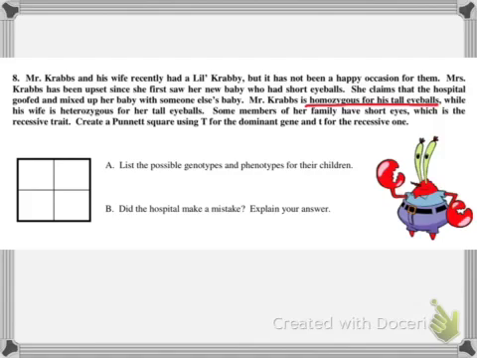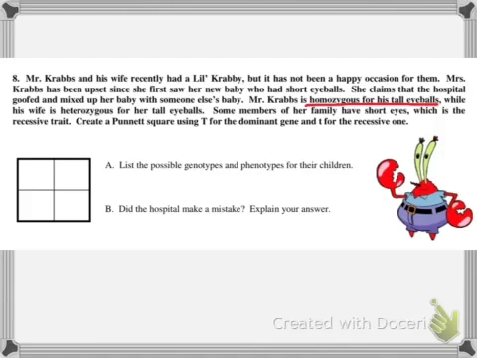Mrs. Krabs has been upset since she first saw her new baby, who had short eyeballs. She claims that the hospital goofed and mixed up their baby with someone else's. Could be because Mr. Krabs is homozygous for his tall eyeballs, while his wife is heterozygous for her tall eyeballs. Some members of her family have short eyes, which is a recessive trait.